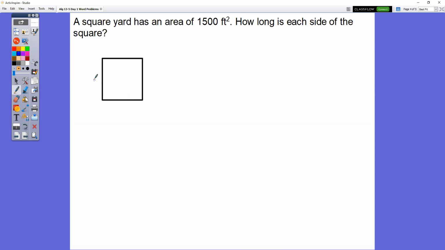Now, what you have to remember about squares is that if one side is x, the other side is also x, because all the sides of a square are all the same. So if I go to multiply these two things together, base times height or length times width, I'm going to have x times x equals 1,500. X times x is just x squared.